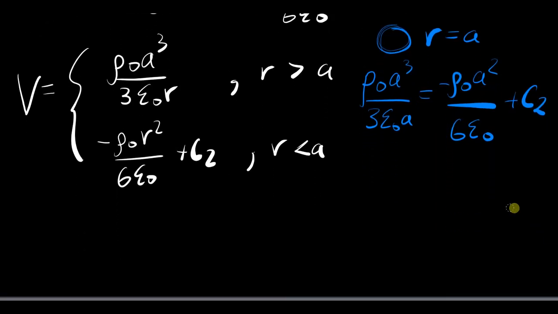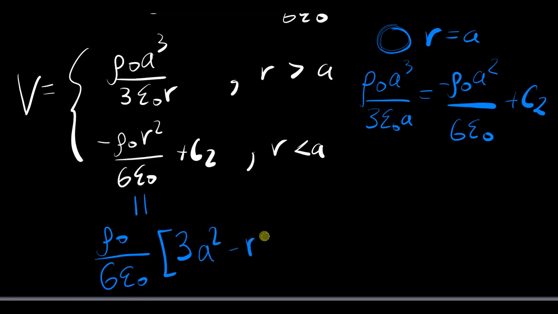And once you do, you'll be able to plug in C2 for what you find here. And then once you do that, you're going to find that this thing is going to equal the exact same result as what we found earlier, which was this, when r is less than a.